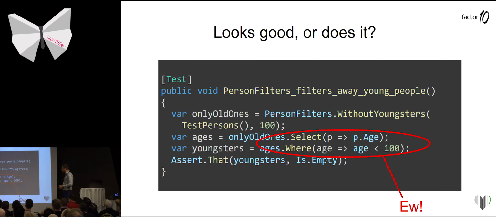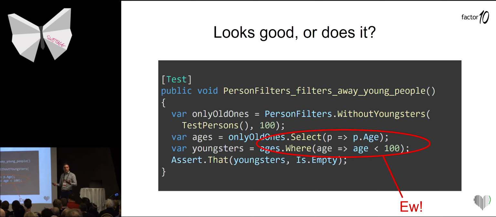What I was thinking about here is that it uses LINQ, and it's not very readable. To parse in your mind and understand this test, you have to read the call that we're making, and then you have to figure out, okay, the select statement, what does it do? And then there's a where, and you need to look at the lambdas, and you need to try to mentally figure out what's going on.